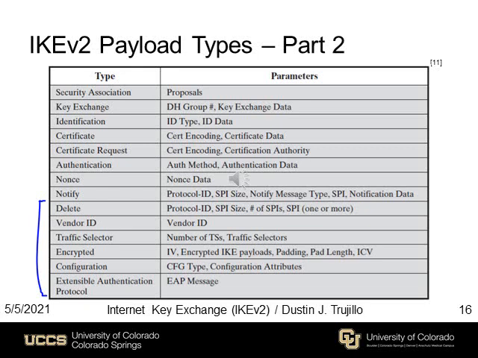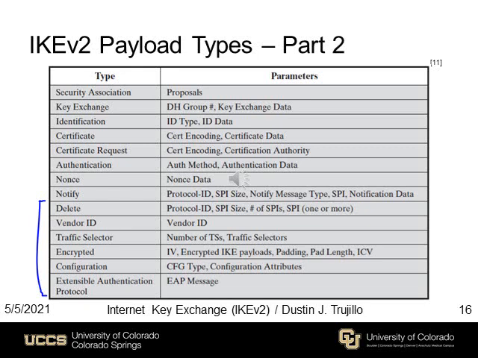Concerning the vendor type, the vendor ID payload actually contains a vendor-defined constant. So in short, these constants can actually be used by vendors to identify and recognize remote instances of their implementations. Concerning the traffic selector type, this payload type allows peers to identify packet flows for processing by IPsec services.